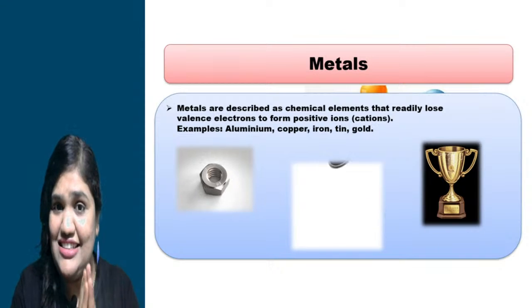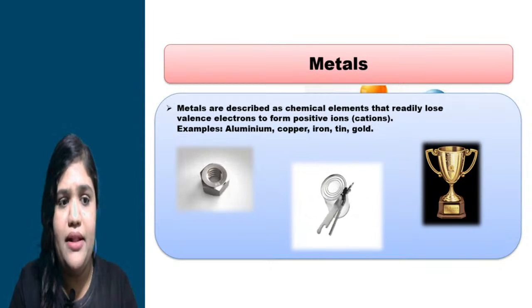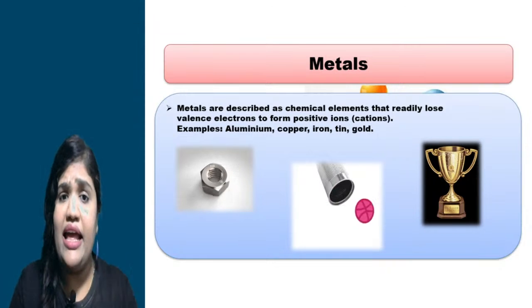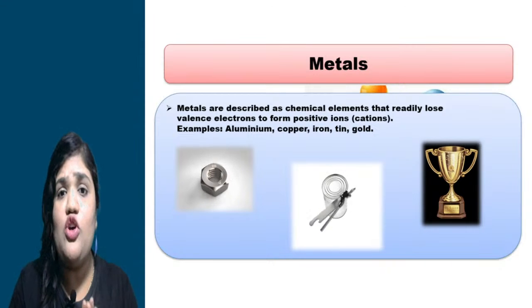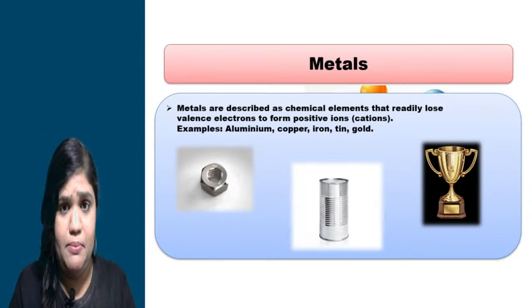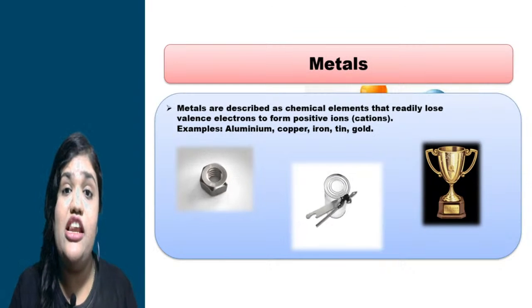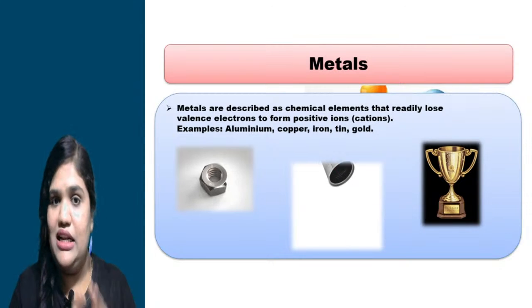Those positive ions are nothing but cations. Here are some examples like aluminium, copper, iron, tin, gold. Right, students? These are some examples of metals. As I have told you, in the periodic table, out of 118 elements, 90 elements are metals in nature. So the number is very big.